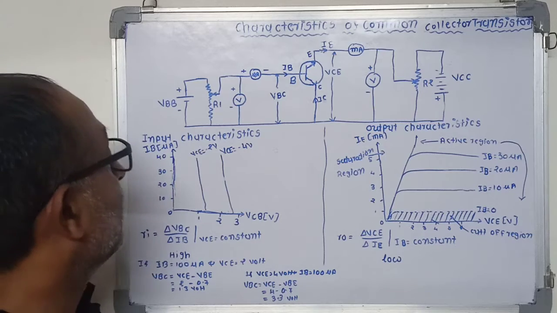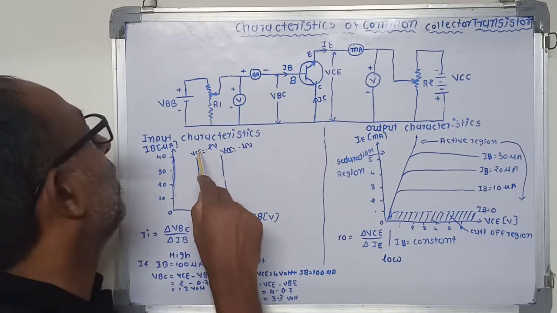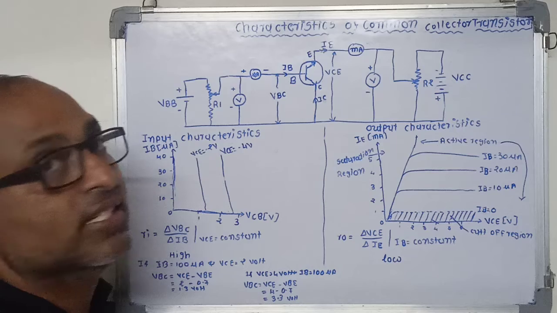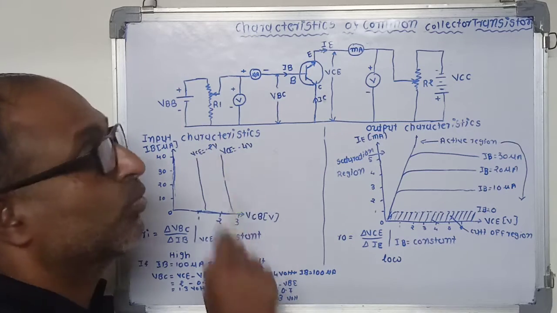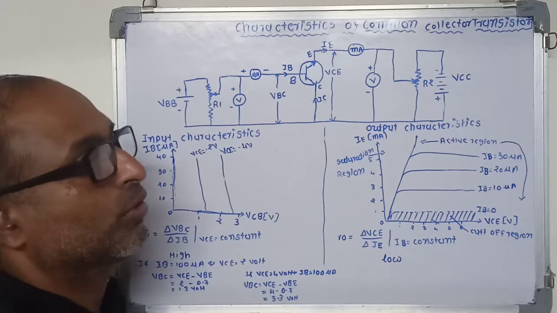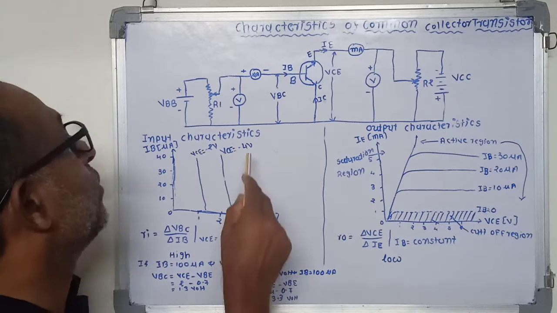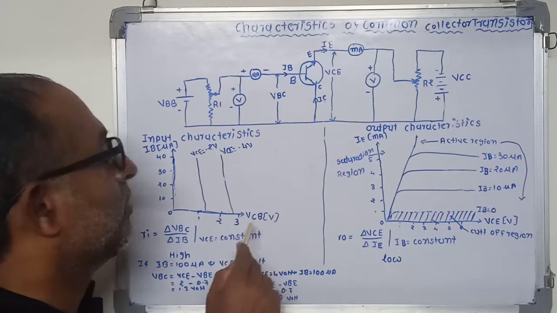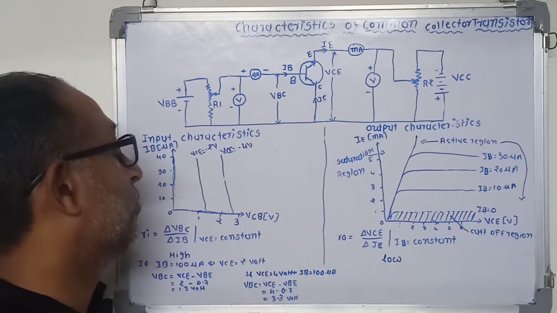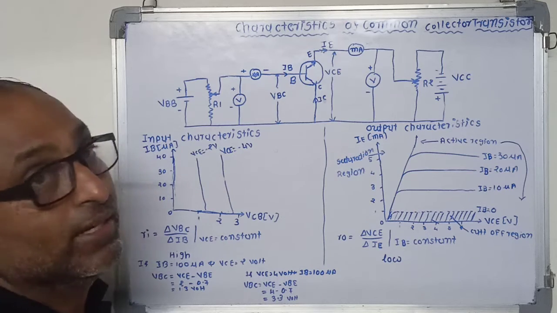Now next, the collector emitter voltage is increased from 2 to 4 volts. So here we are taking 4 volts, we can take any value. Then this collector base voltage is increased from 0 to different voltage levels.